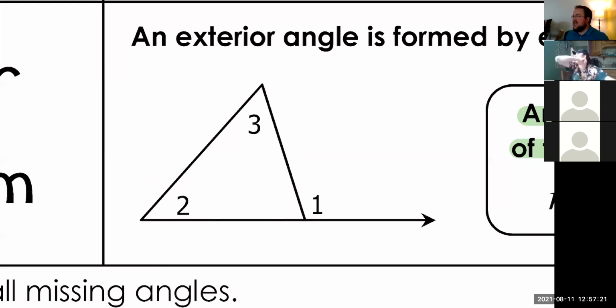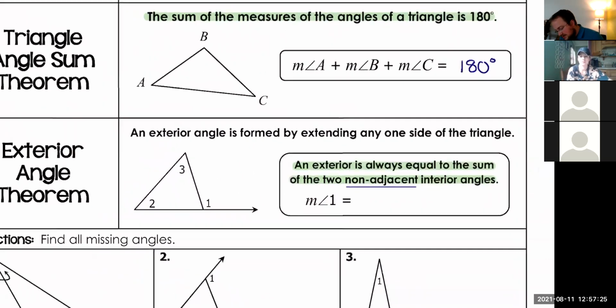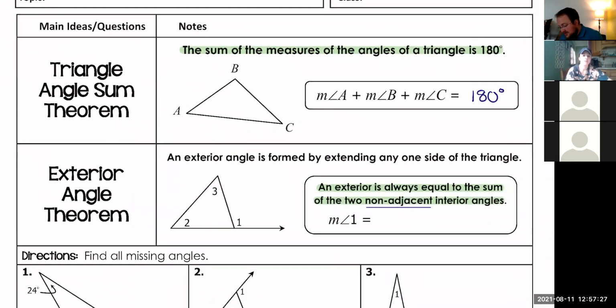Again, we could do some diagrams and stuff like that. It gets kind of boring. For our purposes, if you're okay with it, we can trust this theory. And for this particular diagram, the measure of angle 1, which is the exterior angle that's been created here, would just be equal to the measure of angle 2 plus the measure of angle 3.